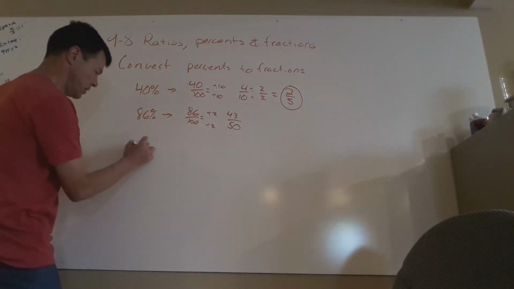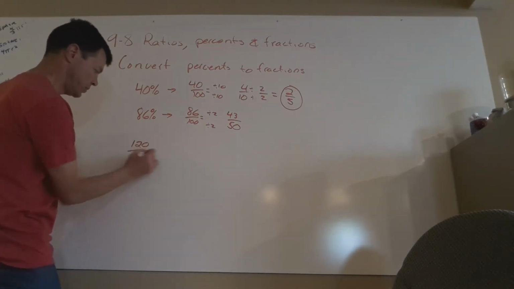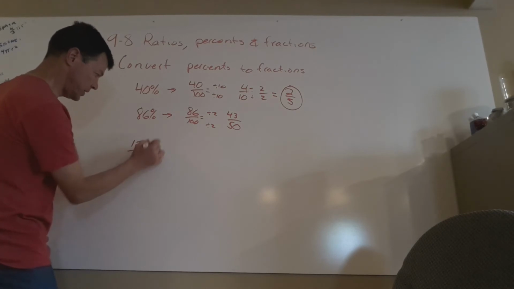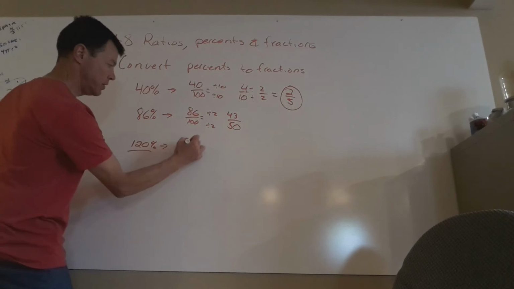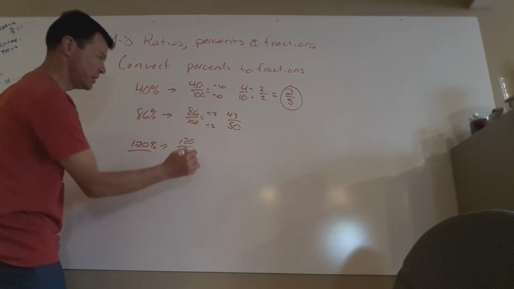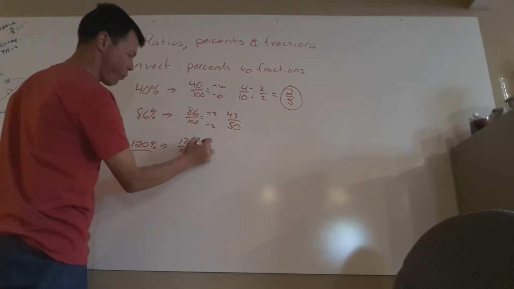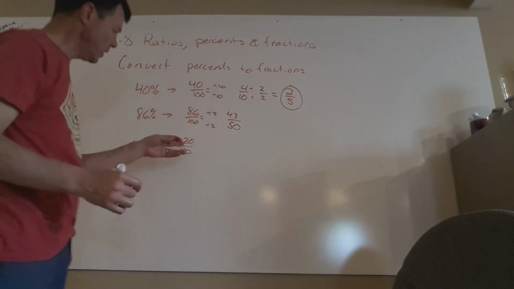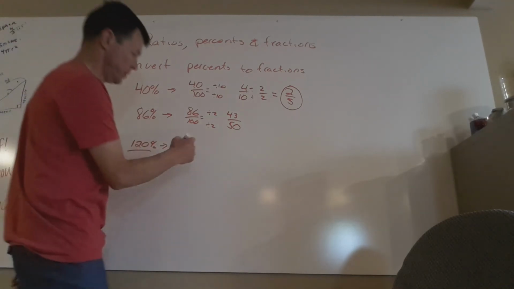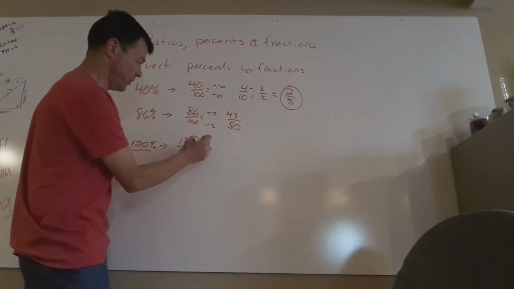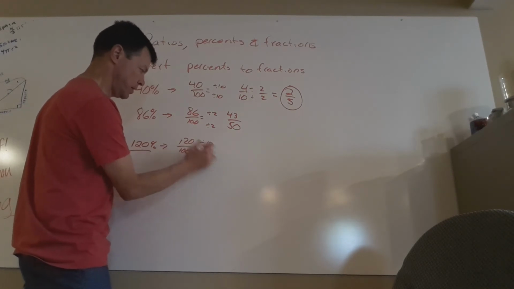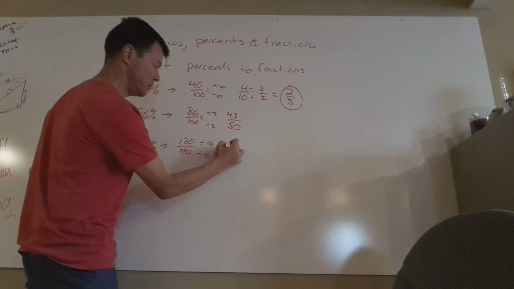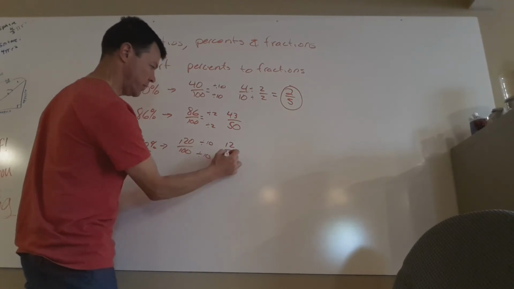All right. Suppose we have 120%, and that will be 120 out of 100. Again, they're obviously not in simplest form. I'm going to divide top and bottom by 10, and you have 12 over 10.